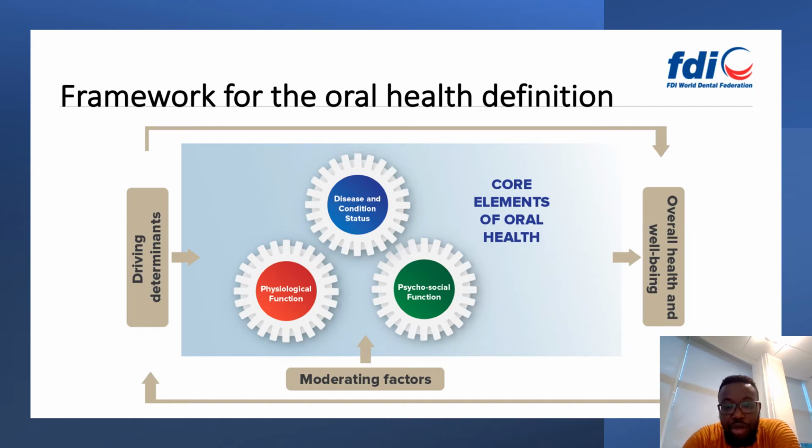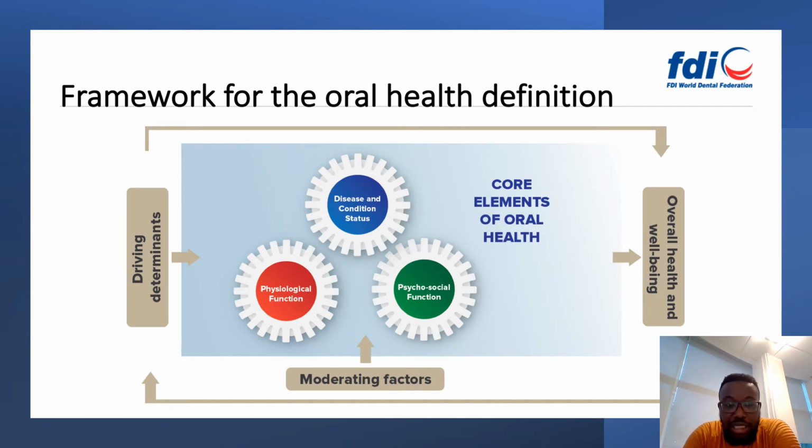So this is like a wheel, you see how they wheel around each other. So how does the oral disease status of a person impact their psychosocial functions and their physiological function? So this is a kind of framework that you can use to understand the definition of oral health.